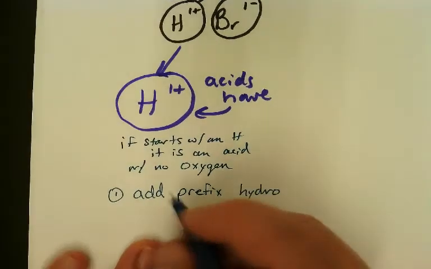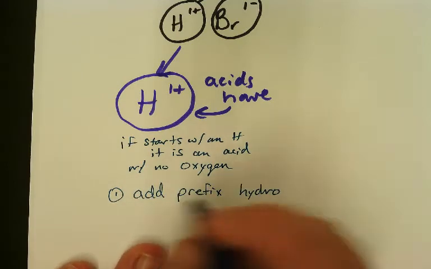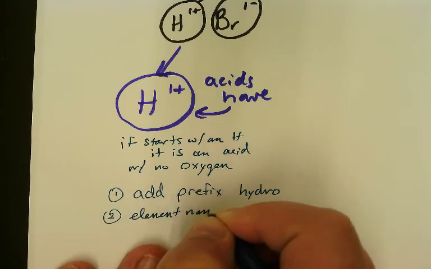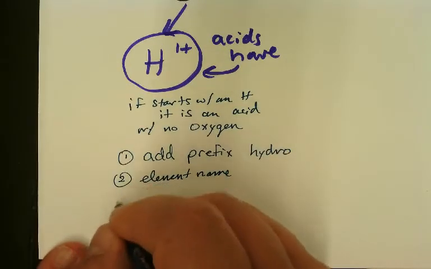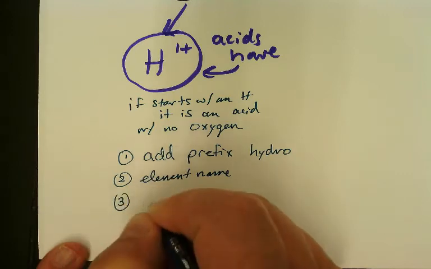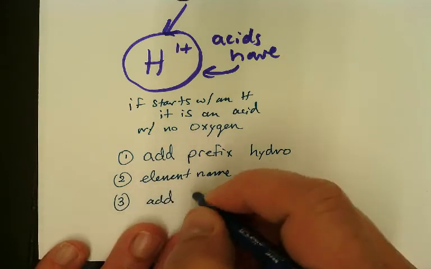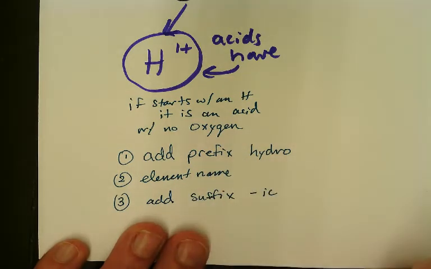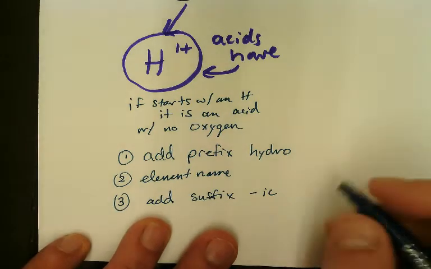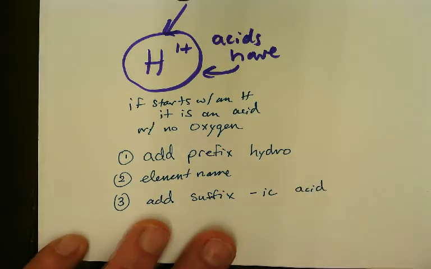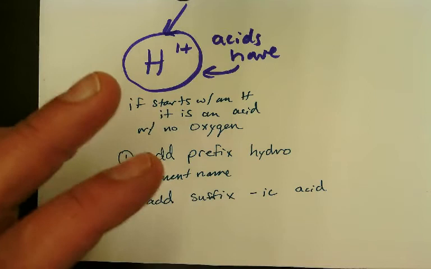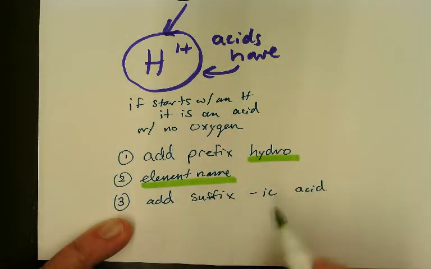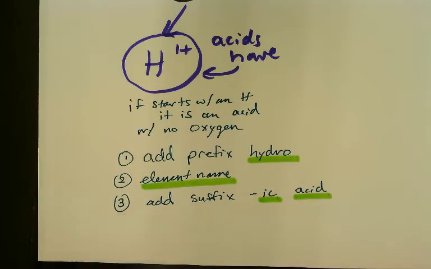Then you're going to have the element name. Then you're going to add the suffix ic to the end and the word acid. So let's highlight that. You're going to write the word hydro, you're going to write the element name, you're going to write an ic, and you're going to write acid.